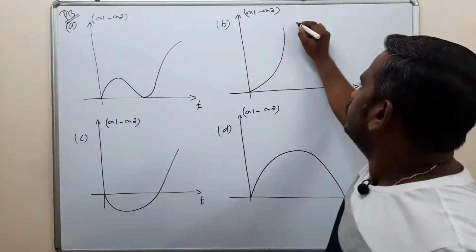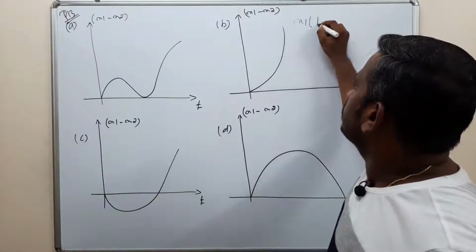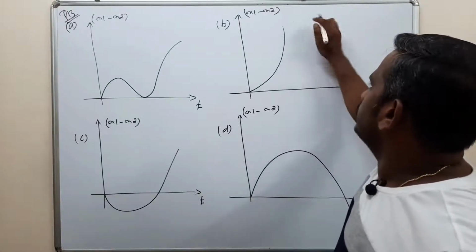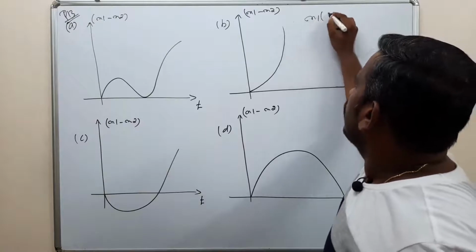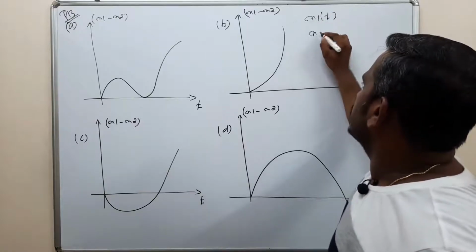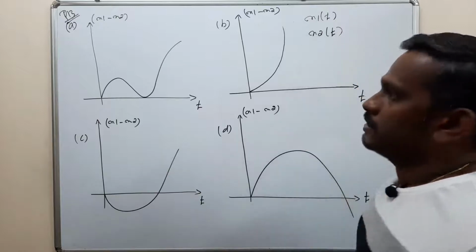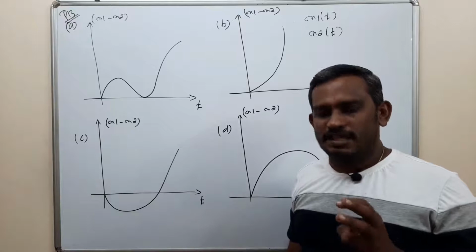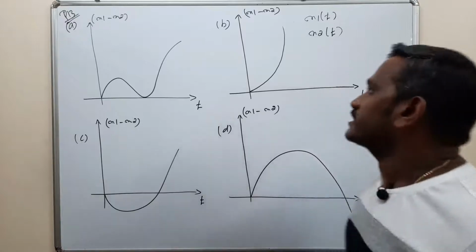The position of the first body is x1 of t after time t and the second body is x2 of t. The first body starts from the origin and moves with a constant acceleration.